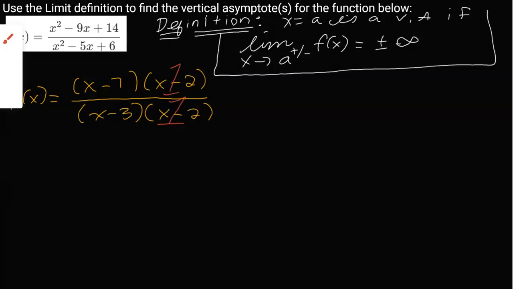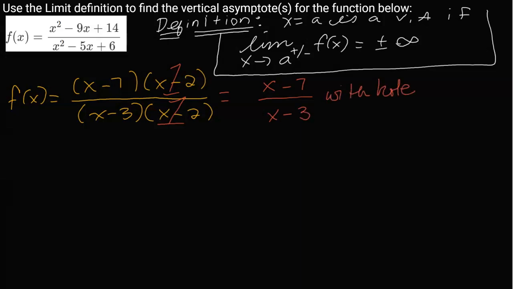So then our function is going to equal (x minus 7) over (x minus 3) with a hole. Where is the hole? The hole is at x equal to 2, and y would be whatever the y value would have been if we were using this function here.